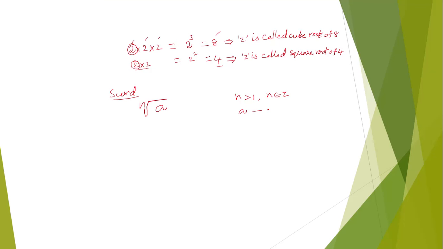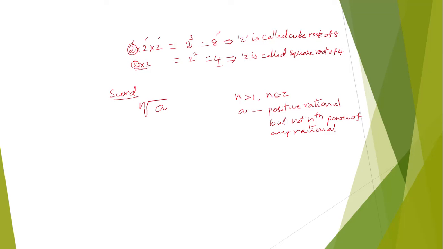Here a is a positive rational number, but not the nth power of any rational number. Keep these two points in your mind, then you can understand easily.